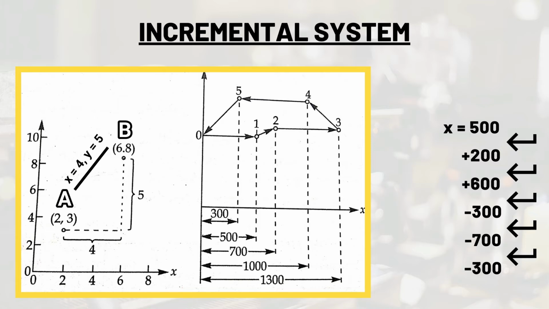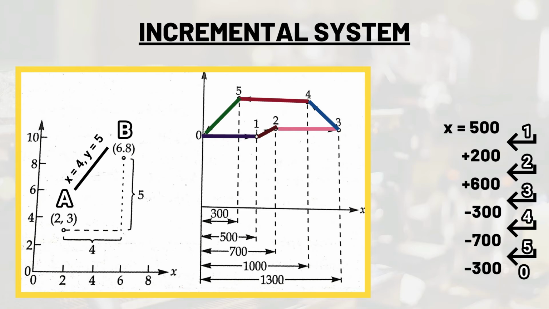Now, for drilling 5 holes at 5 different locations, the command for the x direction would be 500, plus 200, plus 600, minus 300, minus 700, and minus 300.